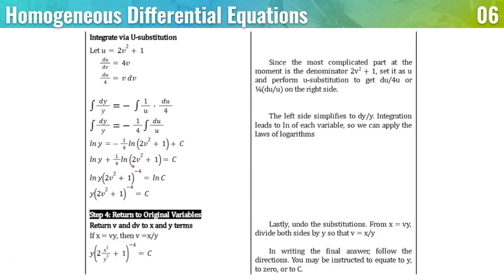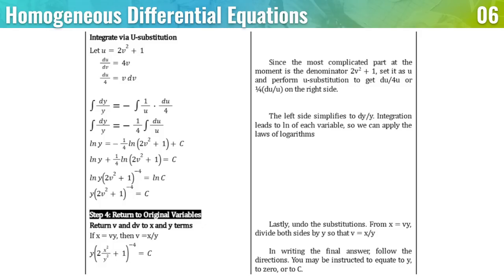So this one inside, 2v squared plus 1, can be rewritten as 2v squared plus 1 raised to negative 4, or the fourth root of 2v squared plus 1. So this one is much easier to work with, so we use this one. Now, the c on the other side, you can replace it with ln c, because taking the logarithm of a constant will still result in a constant.